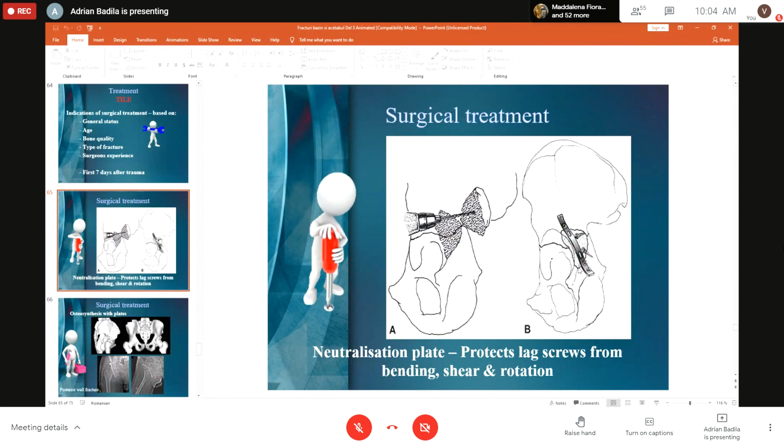We have here an example with a neutralization plate which will protect the lag screws from bending, shear, and rotation. We have here a fracture of the posterior wall, which was treated by reduction and osteosynthesis with plates and screws.